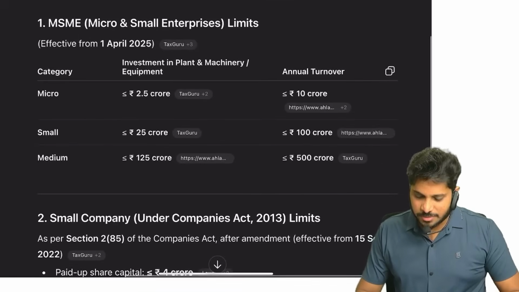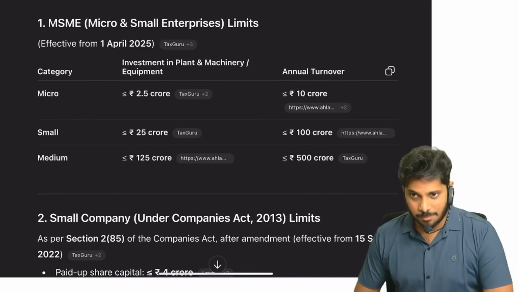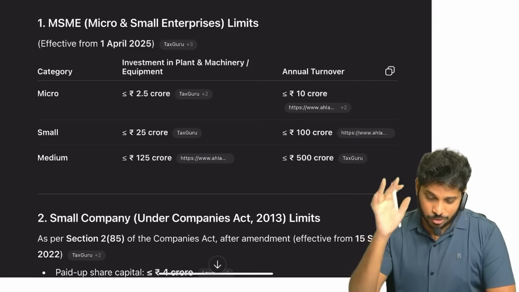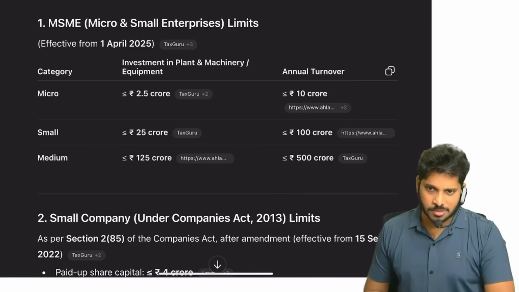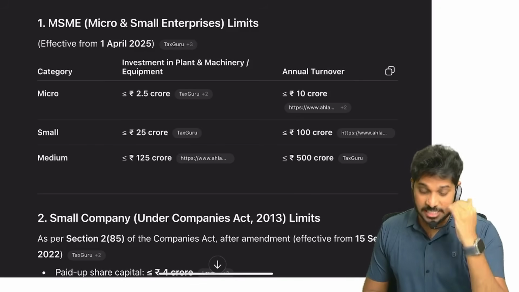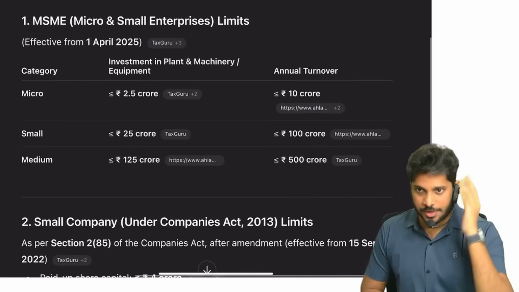Today, small company means what? Up to 100 crore turnover, it's a small company. Medium company means up to 500 crore. Micro means 10 times less. Only micro you remember. Maximum turnover is 10 crore, and maximum investment in plant and machinery is 2.5 crore.